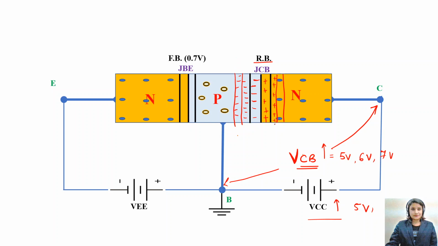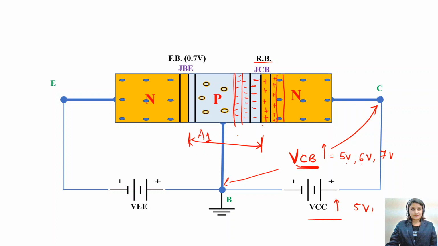So this was the previous width. You can see here it was your previous area, the width of the base region. I call it area 1. If you make the collector base voltage increase, this depletion region also increases, right?